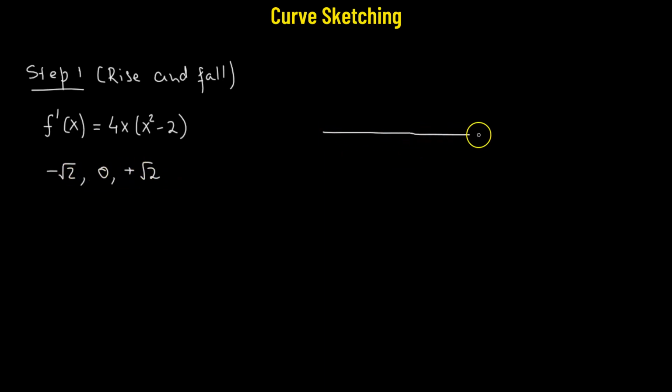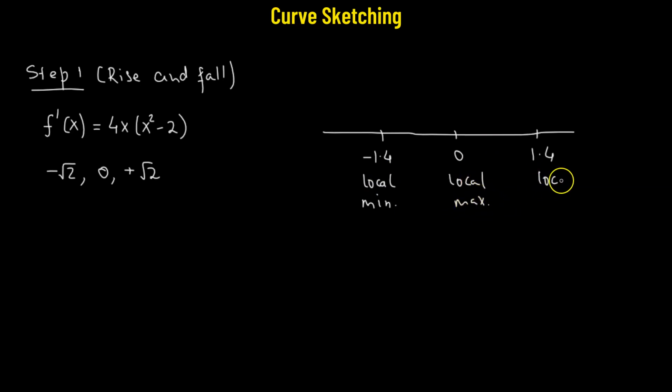We'll consider a number line with these 3 critical points. So for negative square root of 2, let's take it as approximately -1.4. We have 0 and positive 1.4. So -1.4 is the point of local minima, 0 is the point of local maxima, and 1.4 is the point of local minima.